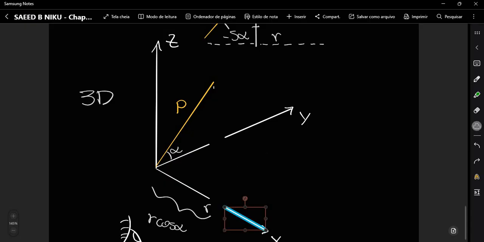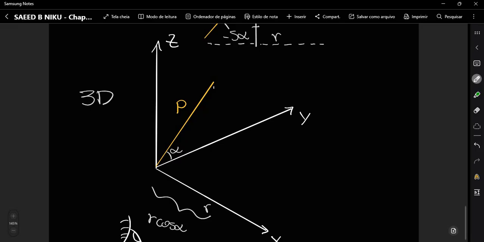So let's see. But now I have to be wise, because how can I know where the end of the crossing line that I'm using as a reference to decompose these components is going to be?